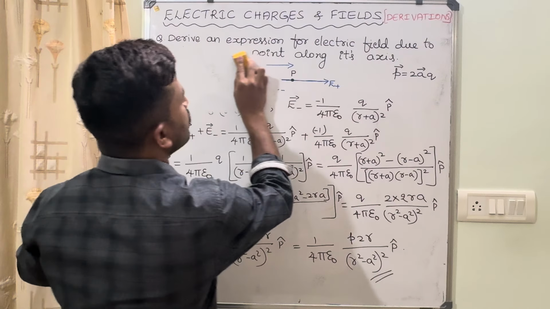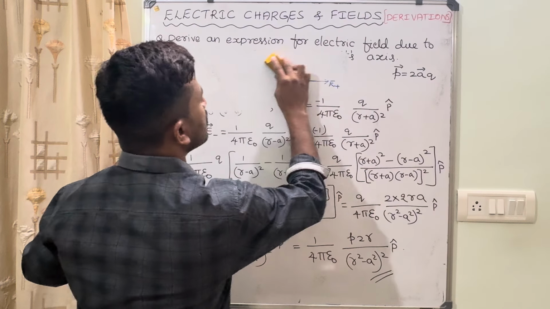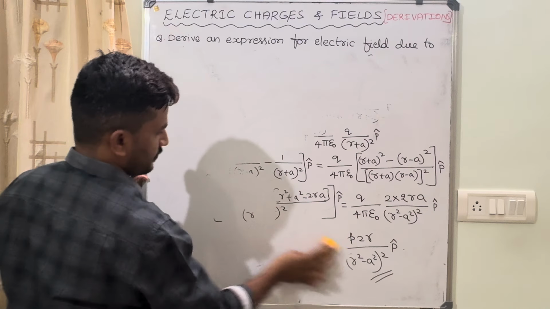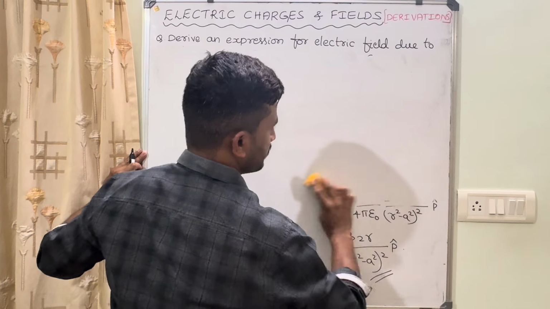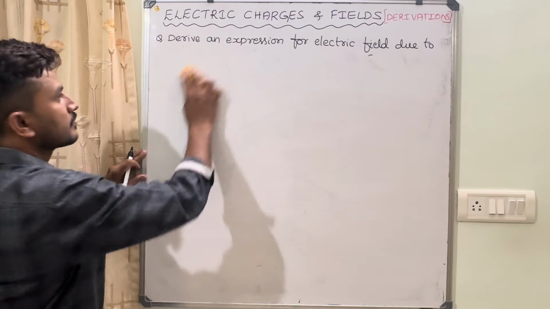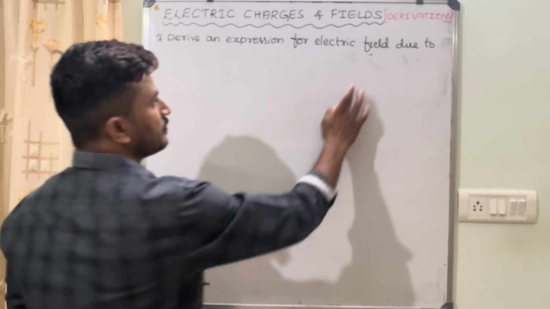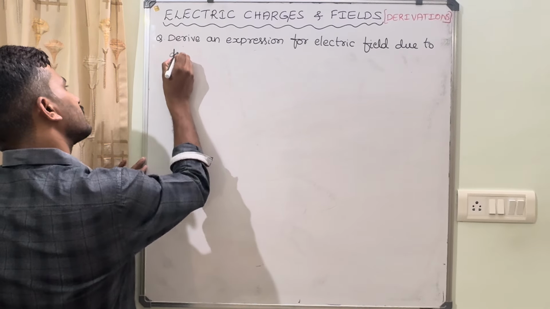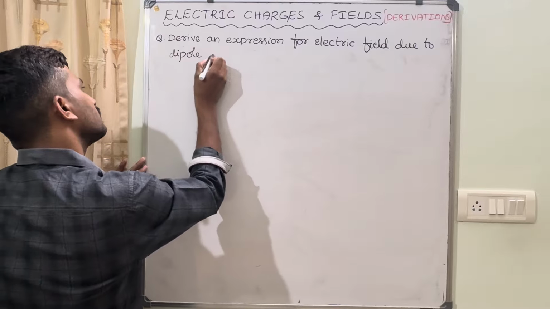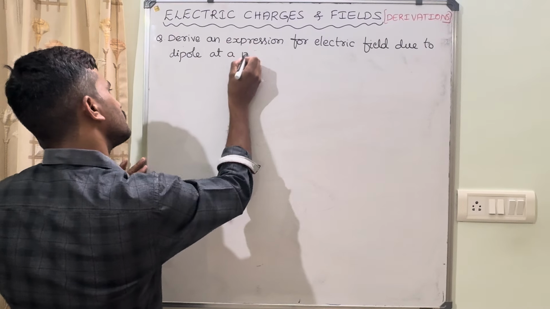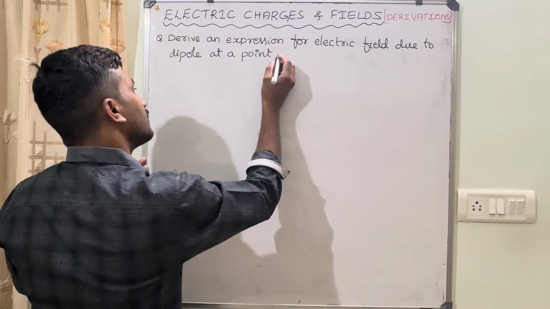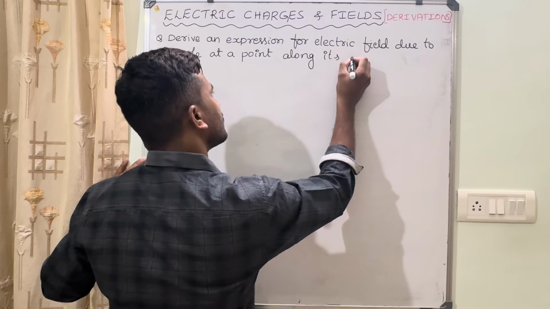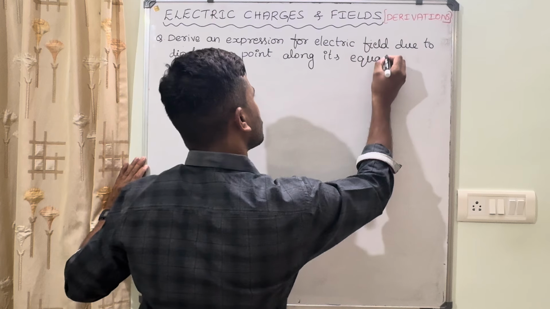Derive an expression for electric field due to dipole at a point along its equatorial line. Electric field due to an electric dipole at a point along its equatorial line.